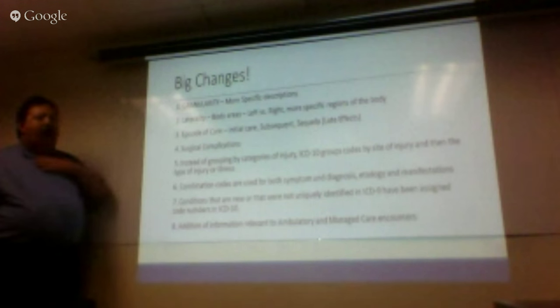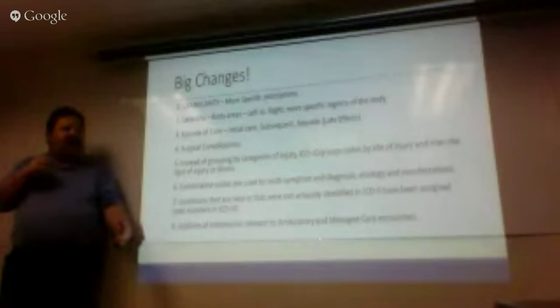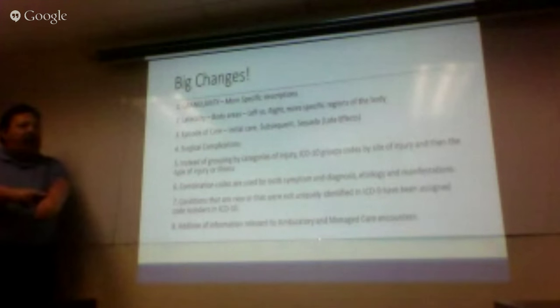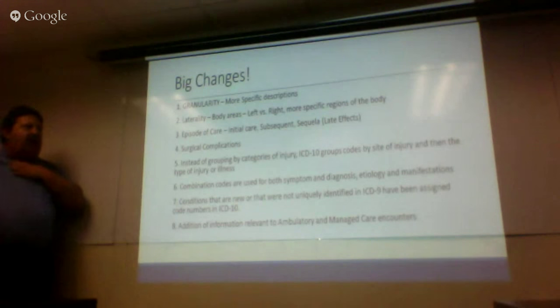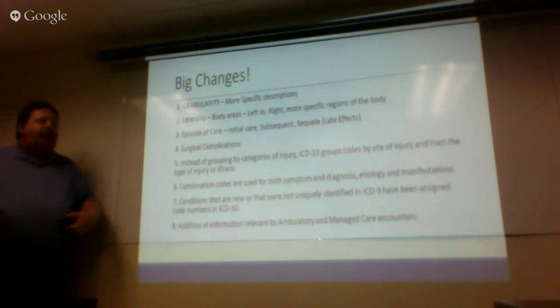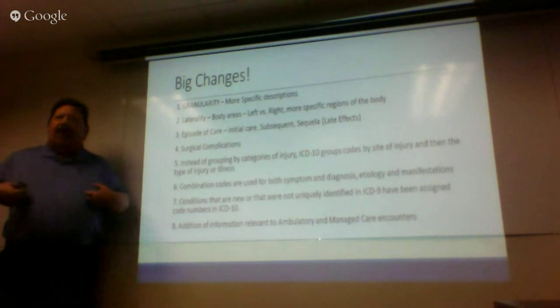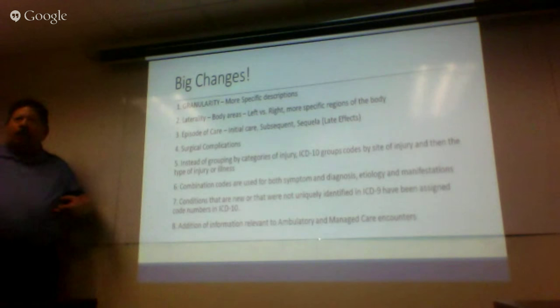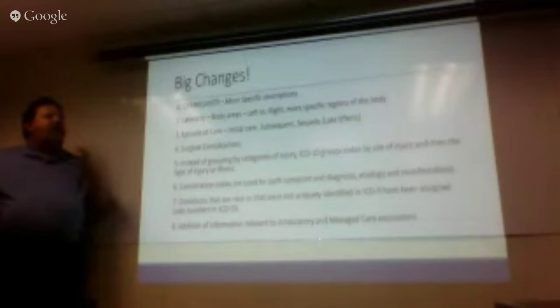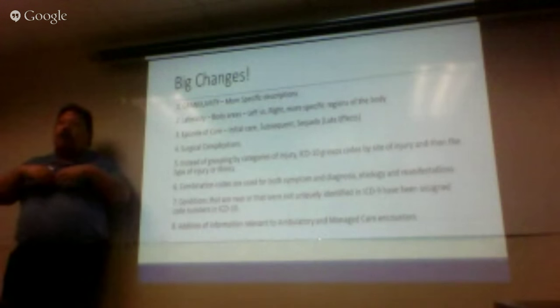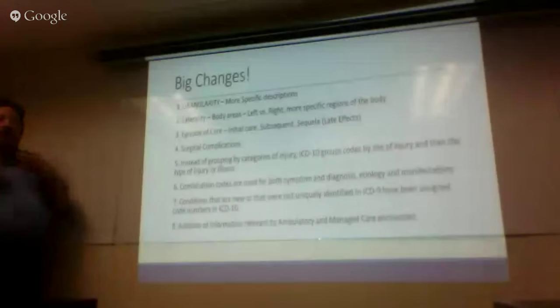Laterality, body areas. It's not just right versus left now. It's spot within a bone. It is dominant versus non-dominant sides. It's areas within the belly. If you said somebody had belly pain, well, how many regions of the belly? Well, we normally think left upper, left lower, right lower, periumbilical, suprapubic. Now we have the ability to further define body areas. We talk about breast cancers and lumps and masses.